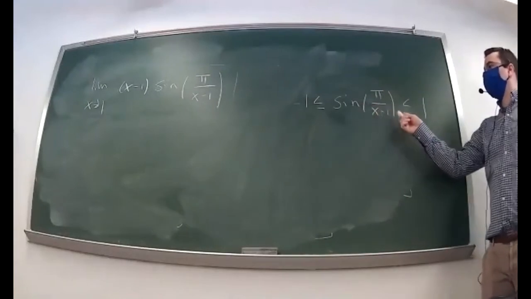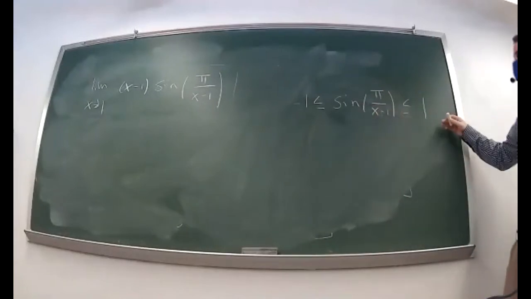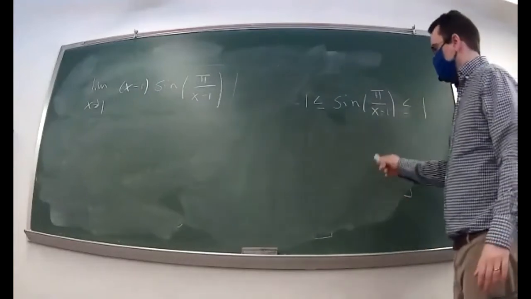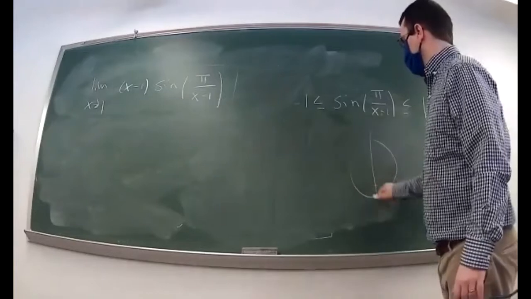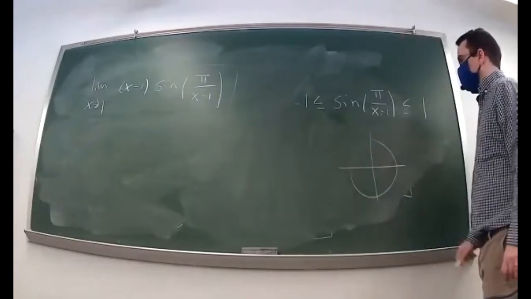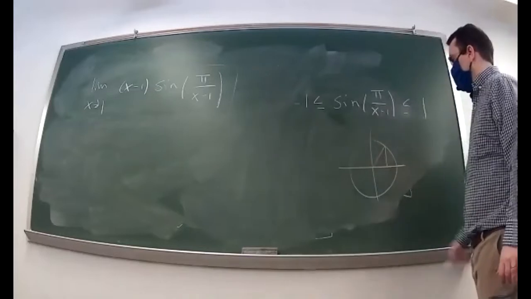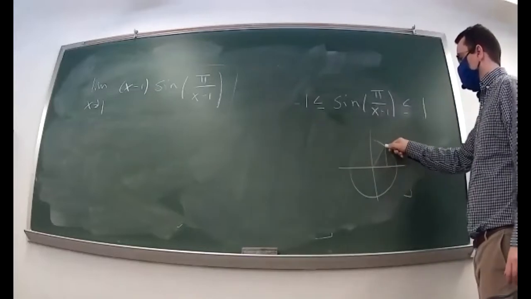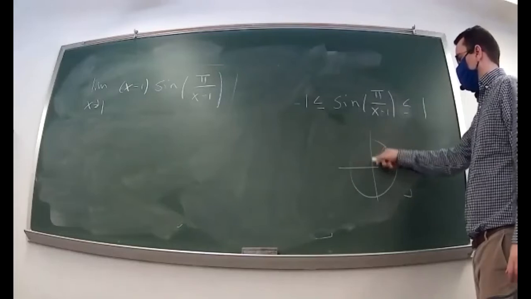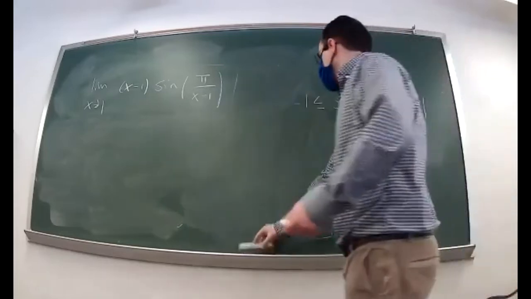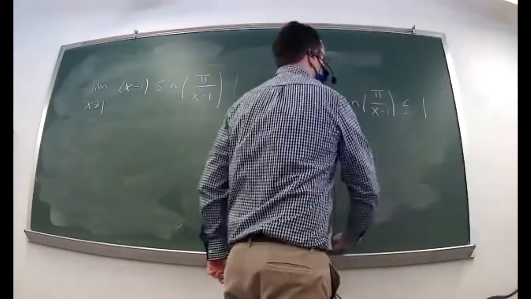Sine of whatever has no choice but to be less than or equal to 1, bigger than or equal to -1. That's because of the way that sine is defined. You use the unit circle, and whatever this angle is doesn't matter, because sine of x is always going to be this y value, which can't be bigger than 1, can't be smaller than -1, because of its relationship to the unit circle.